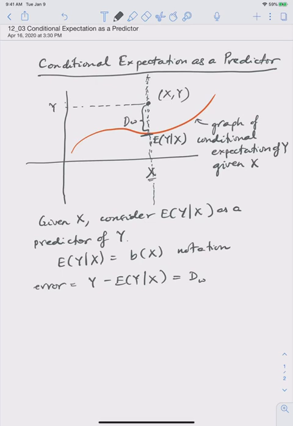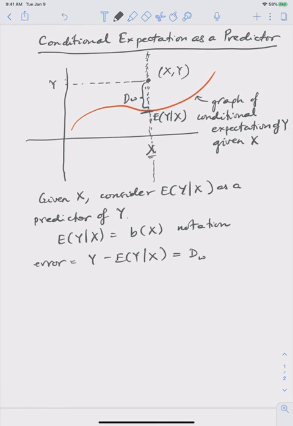And so why don't we look at some properties of this error? One of the things you will see is that if we look at its expectation, and why don't we look at its expectation conditional on X? Now we'll calculate that, but it's going to be very important to understand what is meant by conditional on X in terms of the picture.